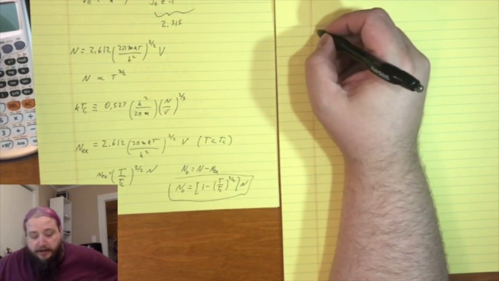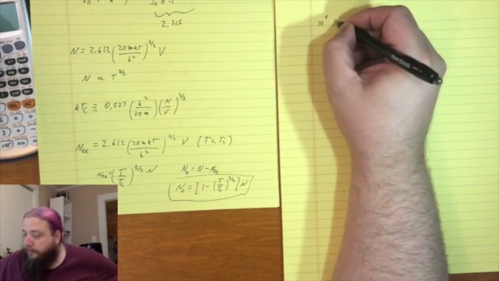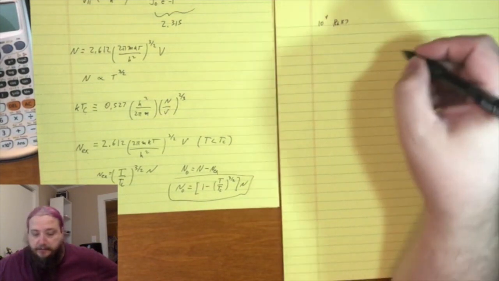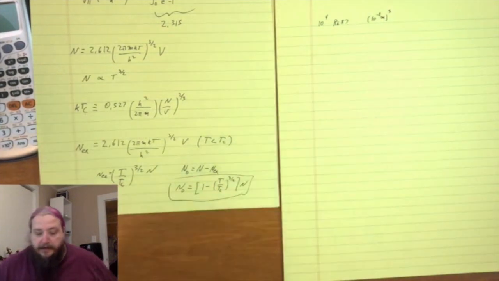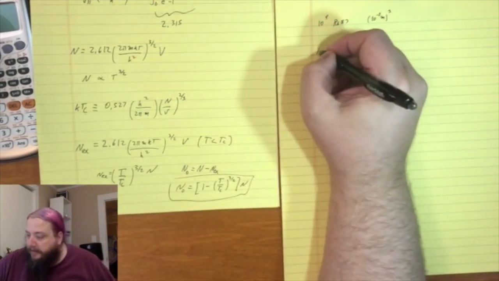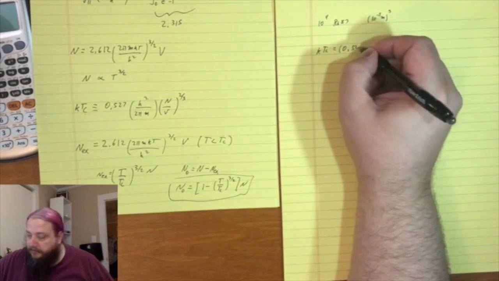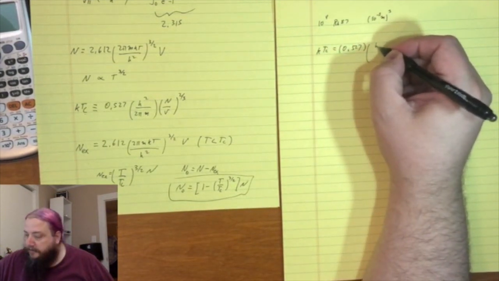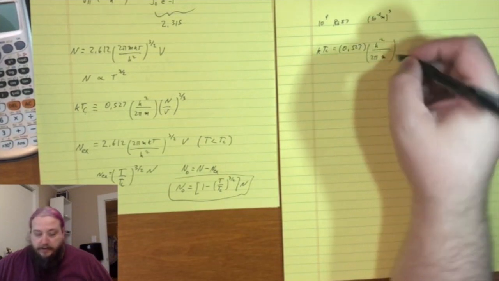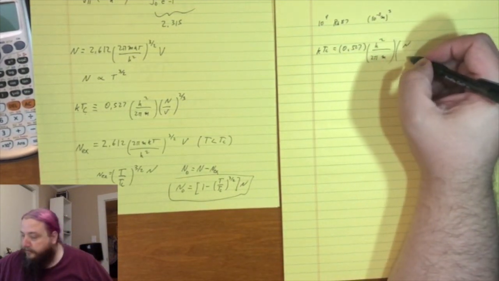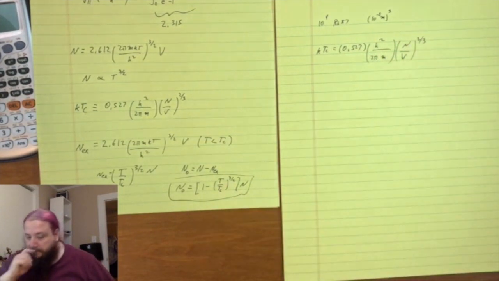So if we have, again, 10,000 rubidium-87 atoms in our 10 to the minus 5 meter cubed box, then k times the critical temperature is 0.527 times h squared over 2 pi m times the number of particles over volume to the 2/3.